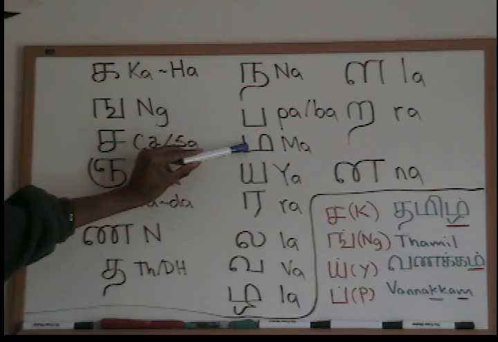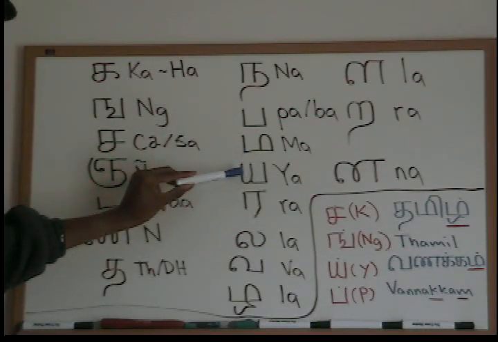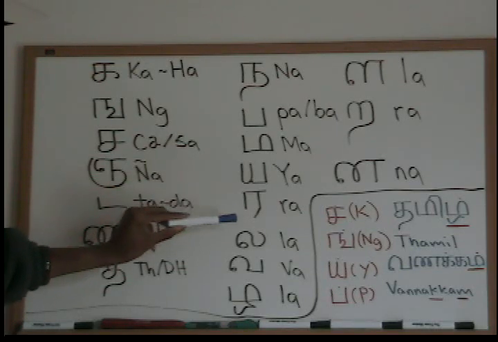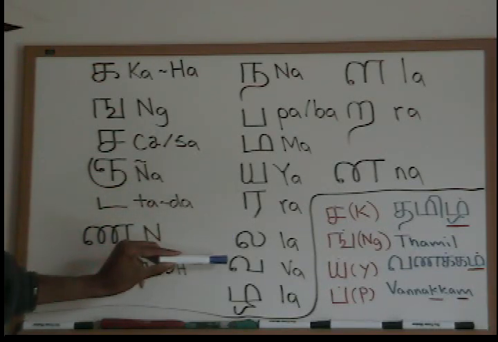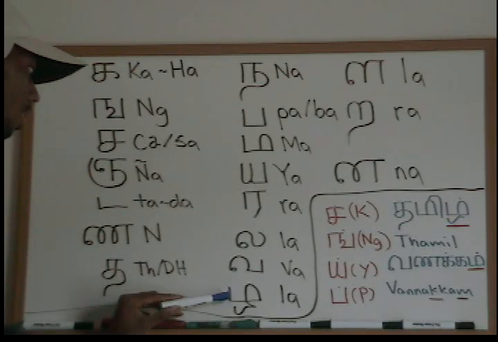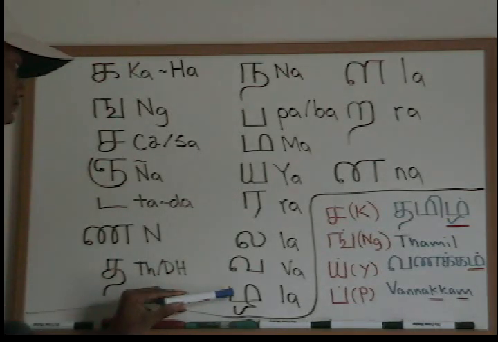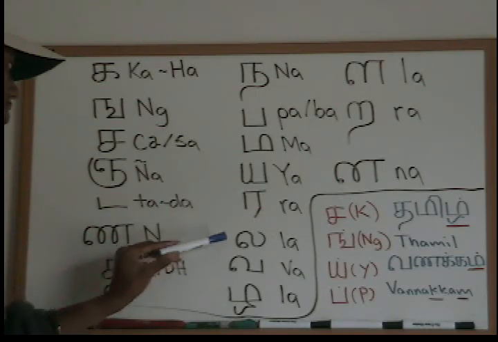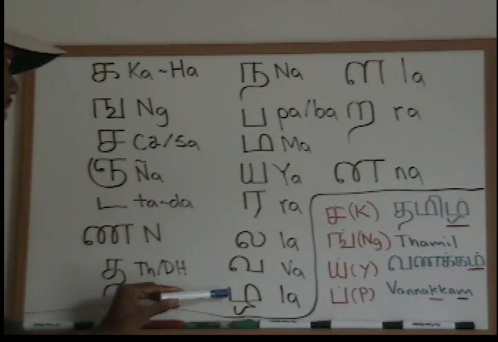And then you have ma, ya, ra, la, va. And you have another la here. Yeah, this is another la. So you have la here and a la here.